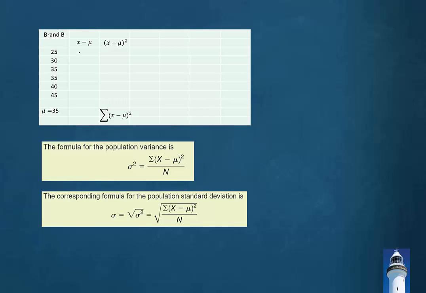Now let's do the same for brand B. Let's first find the deviations from the mean and then square them. And now again, we will sum the squared deviations from the mean, and we'll find that sum to be 250.